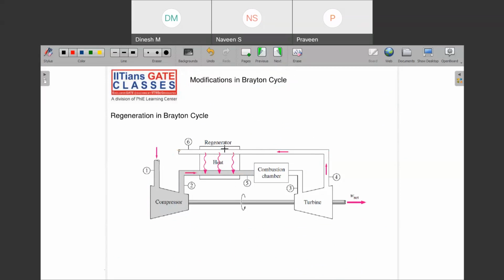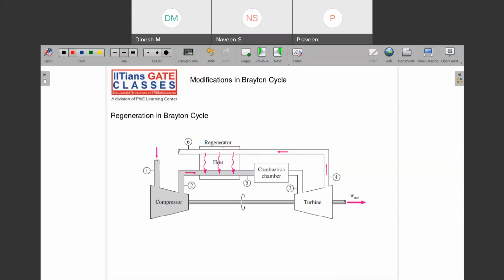Then my idea is, why can I not do one thing: apply a regenerator. What it would do is absorb heat from the gas which is coming out of the turbine, and then provide that heat to the gas which is coming out of the compressor.